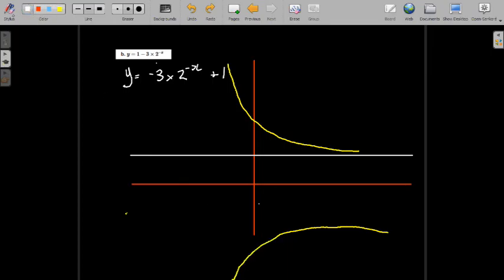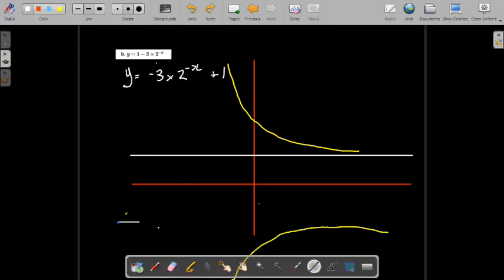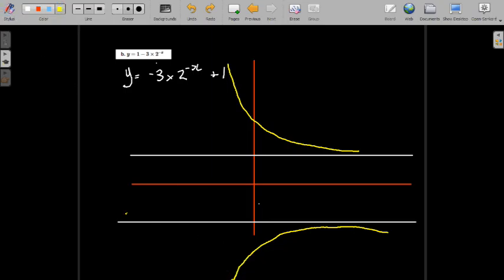So everything gets reflected in the x-axis, meaning we now have the asymptote at minus 1. Okay, so not very well drawn there, so it should be approaching that one there.